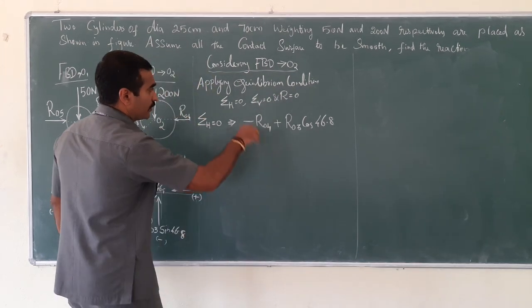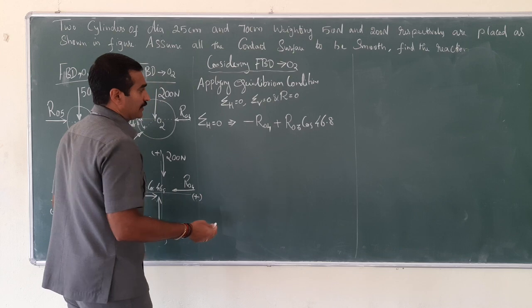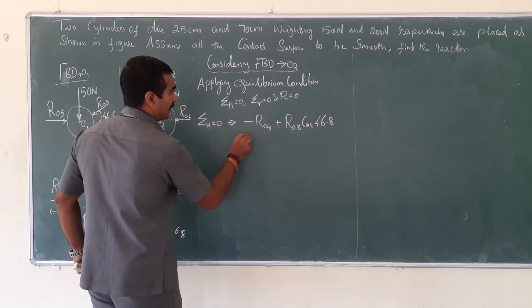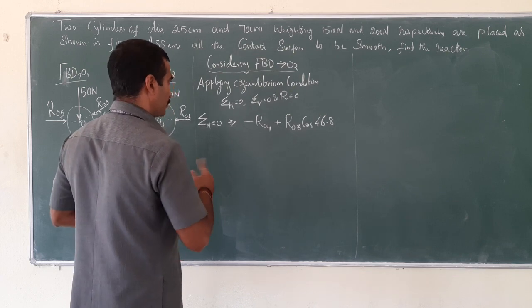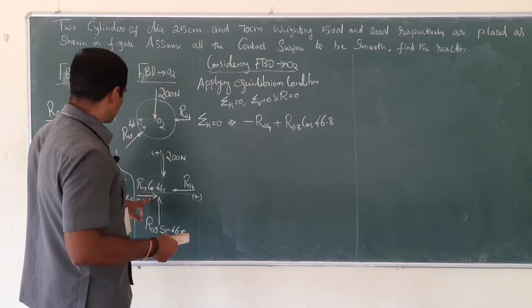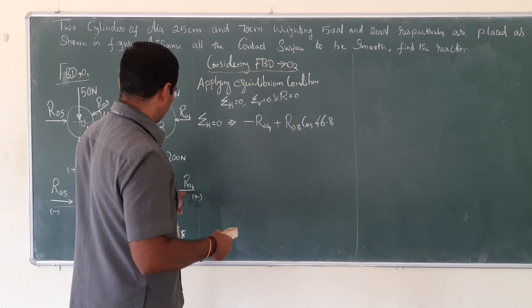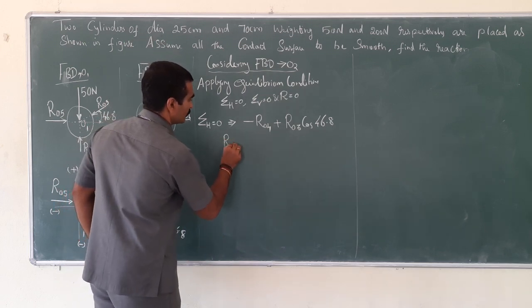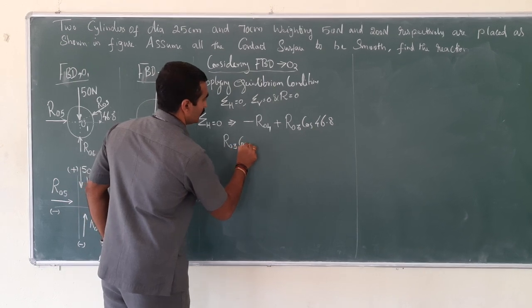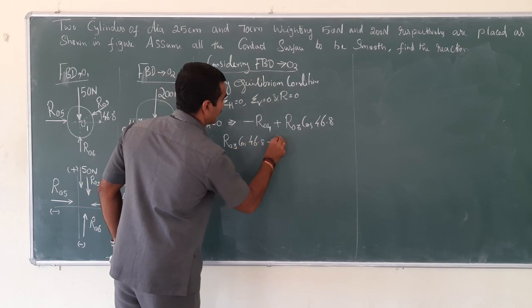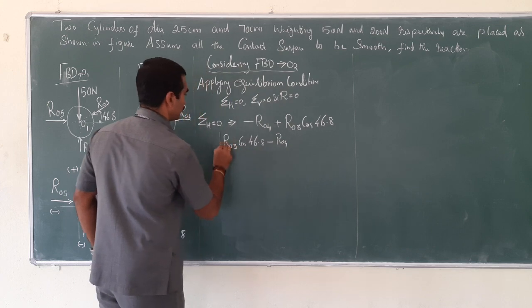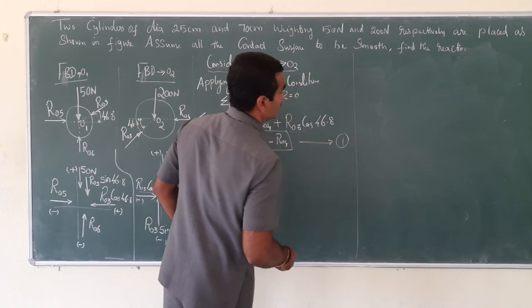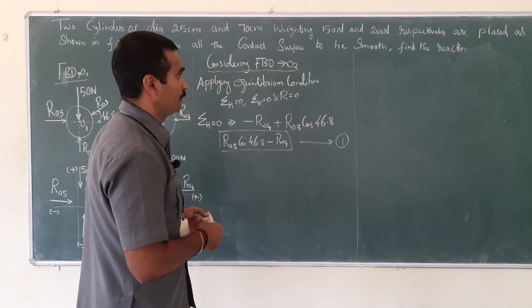So if you make the equation in this manner, this is positive direction and this is in the negative direction. So this can be written as R03 cos 46.8 minus R04 equal to 0, as equation number 1. Got it?